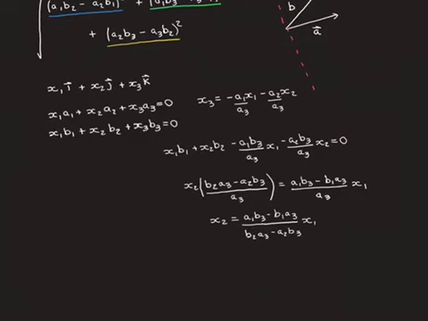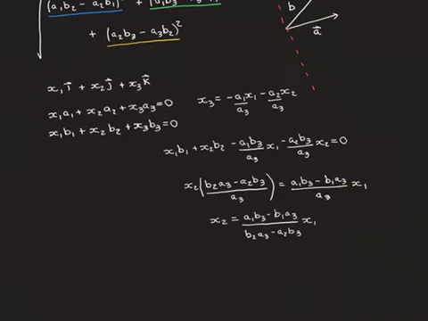Again, we've got them over the same denominator, so we've multiplied this b1 by a3 at the top and the bottom, so we've then got that this is a1b3, and because we've taken it to the other side, the negative has gone to a positive, so we've got a1b3 minus b1 times a3, which has become a minus because it's been taken to the other side, and then all of that is over a3 times x1.